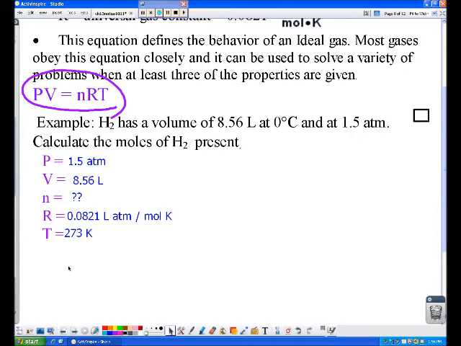Moles, which is the unit we want to have left over when we solve the problem. So we plug all this information into PV equals nRT. We have 1.5 times 8.56 equal to n times 0.0821 times 273.